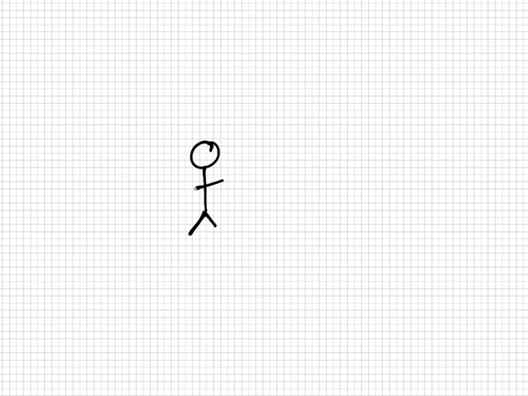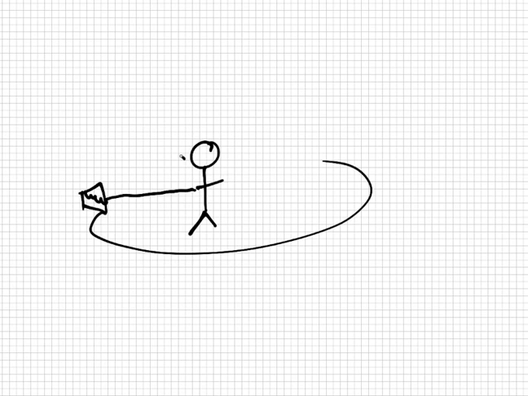So he's got his bucket of water and he's swinging it around in a circle. Now, I'm just talking about horizontally. So, see this rope here? Which way is the force going? Towards him, isn't it?